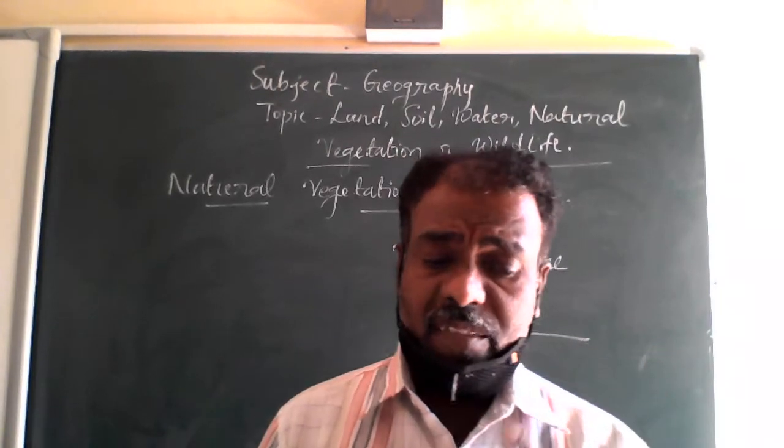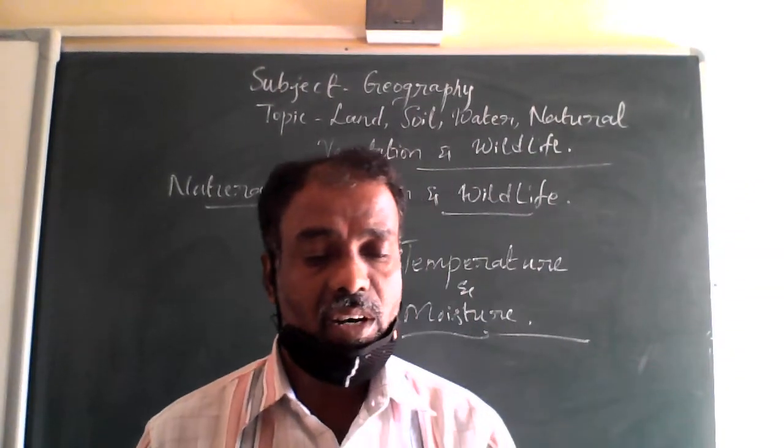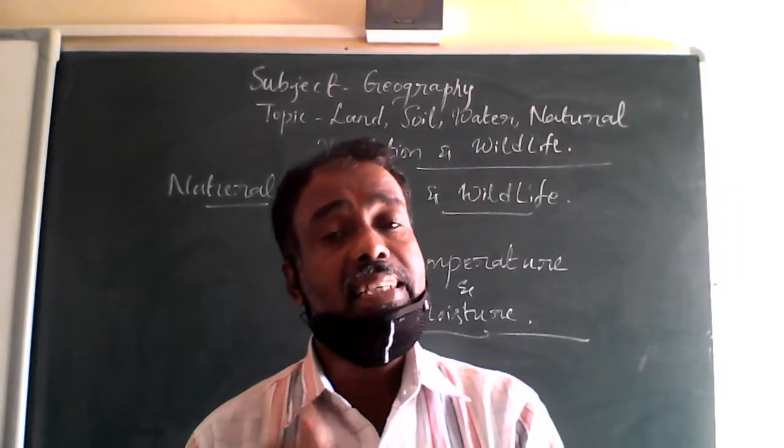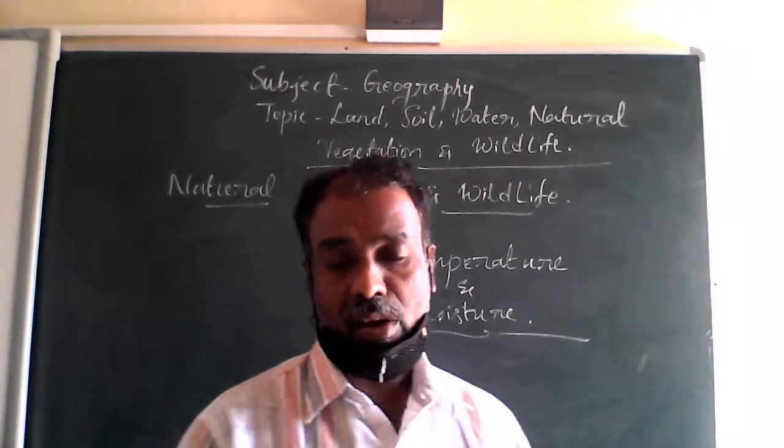See, the major vegetation types of the world are grouped as forests, grasslands, scrubs, and tundra. Understood now?